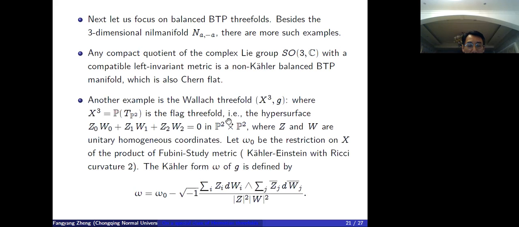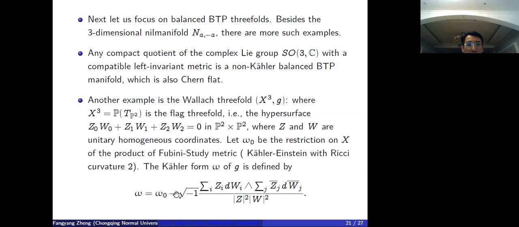Another example is a bit more subtle. This is what we call the Wallach threefold. As a complex manifold, it's just the flag threefold, namely the hypersurface in P2 cross P2 of type 1,1, right? But the metric is not the standard Kähler-Einstein metric. It's the standard Kähler-Einstein metric minus the square of this 1,1 form. If you use Z and W to denote the standard coordinates, then this is well defined.